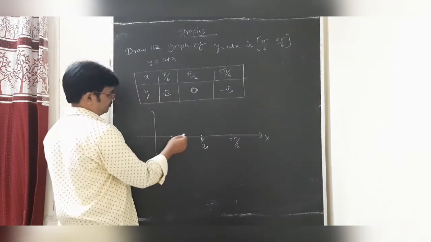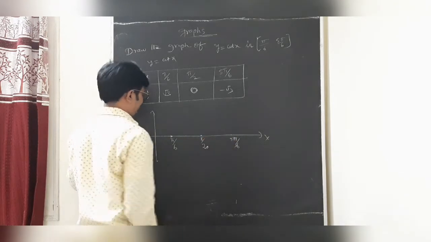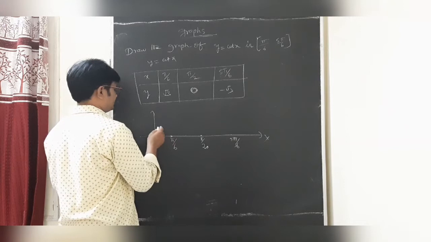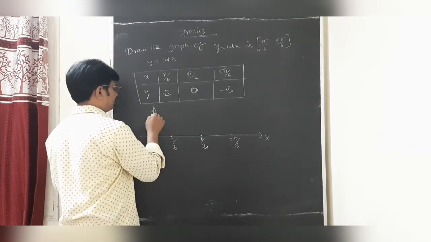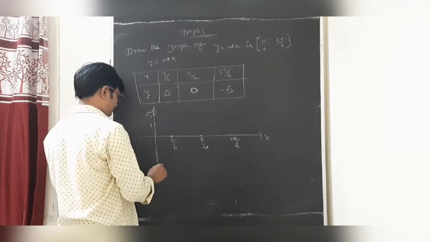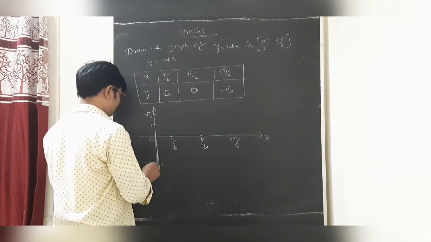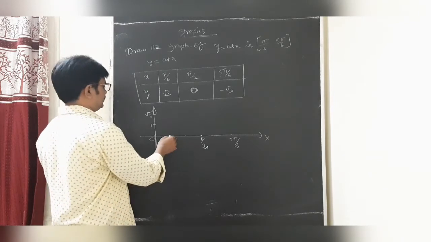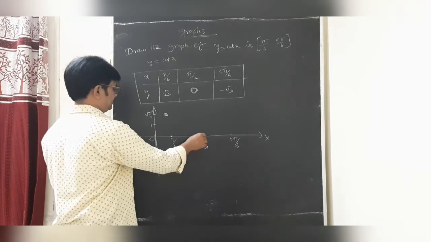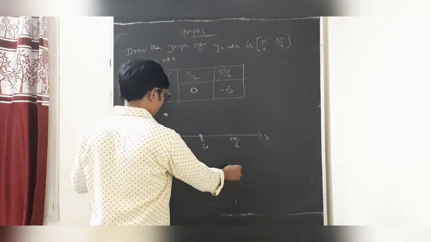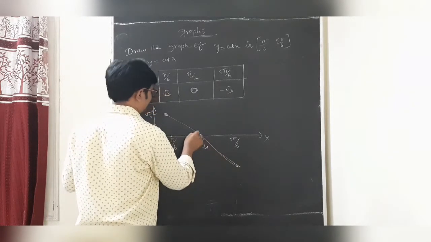First you take 30, after that 60, 90, 120, 150. So students, what is the value? Root 3. Suppose this is 1, root 3 is 1.732. This is also minus root 3. Cot of 90 is 0. This is minus root 3. So students, this is the graph.